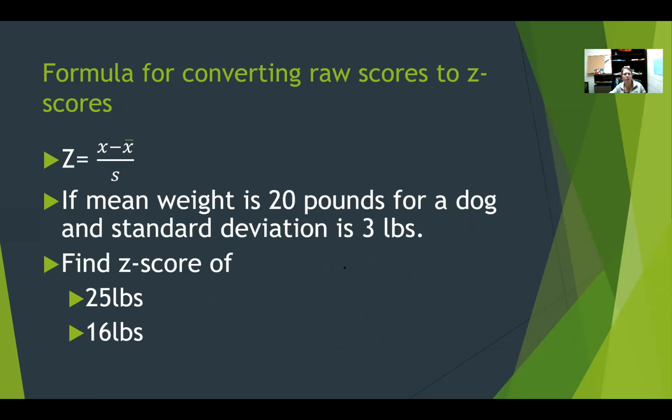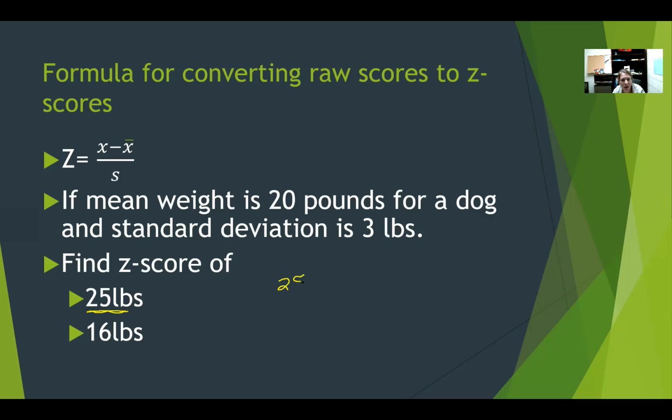All right, you can also convert to raw z-scores. So let's say we're given a data value, the mean and the standard deviation. What would the z-score of this be with that information? To do that, you would use this formula: your data value minus the mean, all divided by the standard deviation. So if you had a mean weight of 20 pounds for a dog with a standard deviation of 3, can you find the z-scores of this? Well, this is your data value.